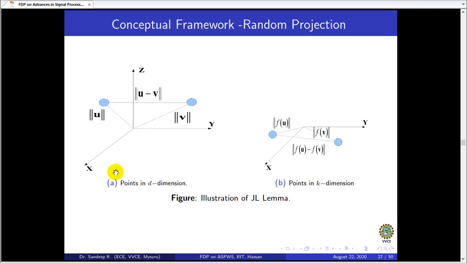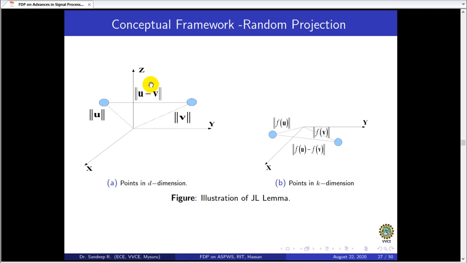To understand that with a simple scenario, suppose I have 3-dimensional space, which let me consider as a high dimensional space, and there are 2 points U and V. So this is vector U, vector V, and this is the distance between U and V. Suppose I have measured this in high dimensional space.